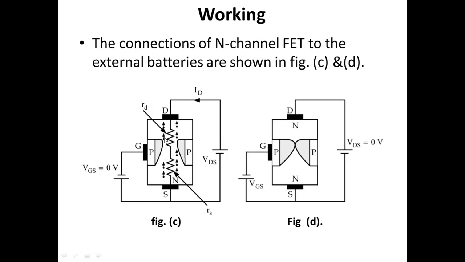Hence the channel is in the form of a wedge shape. The channel width is very large at the source side, and as VDS increases, the channel width decreases at the drain side.